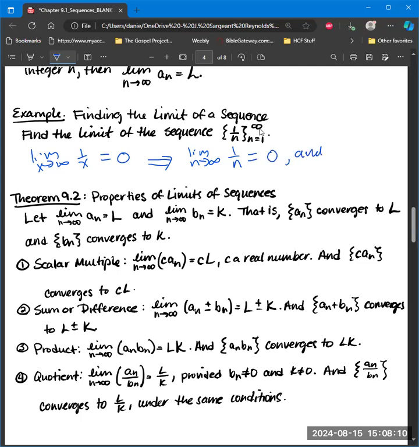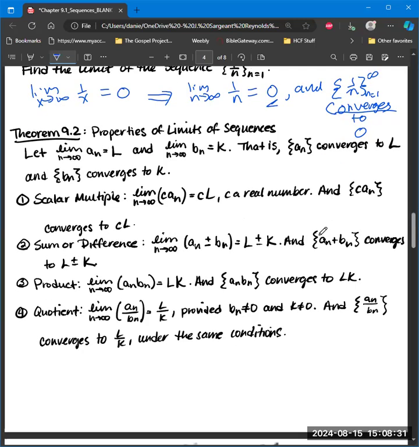And that means that this sequence 1 over n, n equals 1 to infinity, converges to 0.